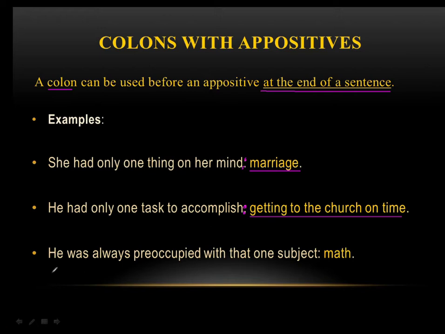Number 3, he was always preoccupied with that one subject, math. Appositive at the end of the sentence, okay to use a colon. This is most assuredly on your test. They put it there because they know that students have not had this in their English classes. So be sure to watch for it.